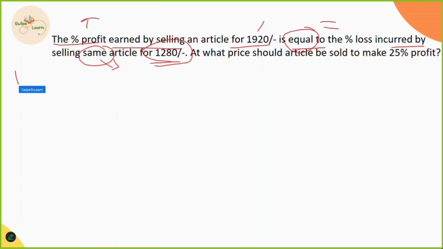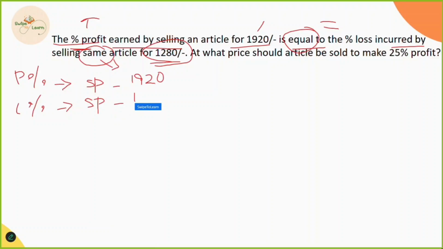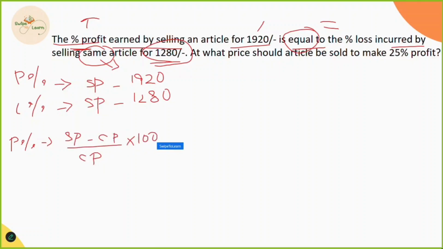For profit percent, the selling price is 1,920. For loss percent, the selling price is 1,280. We know the formula for profit percent, which is SP minus CP divided by CP into 100. What they are saying is this profit percent is equal to loss percent.